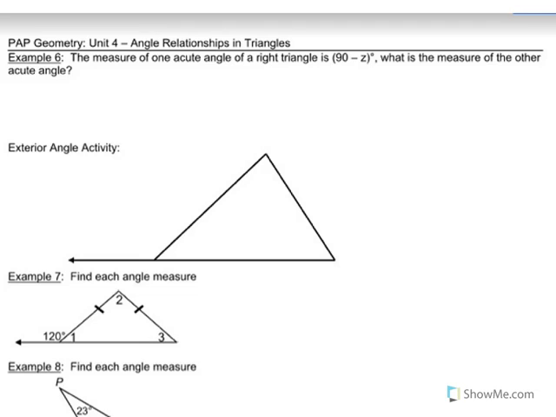Okay, so this says exterior angle activity. So the first thing I want to do is define what an exterior angle is.